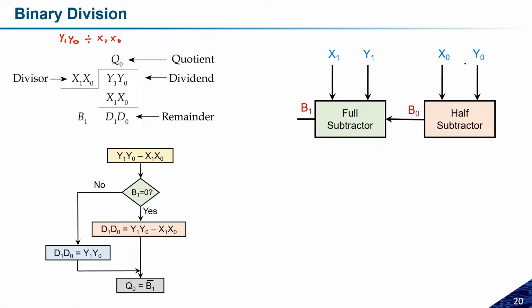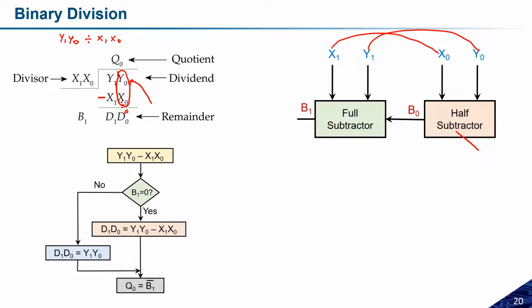I have the first number y1 y0 and the second number x1 x0, because I am subtracting x1 x0 from y1 y0. The first digit is subtracted, and there is no borrow from before. For that purpose, for the first digit, x0 and y0, a half subtractor is sufficient, which is why I have used a half subtractor.